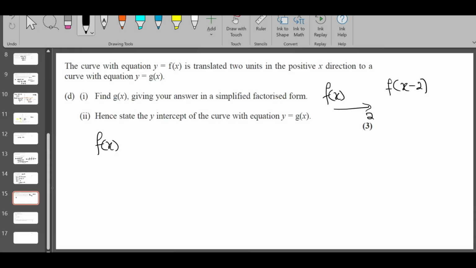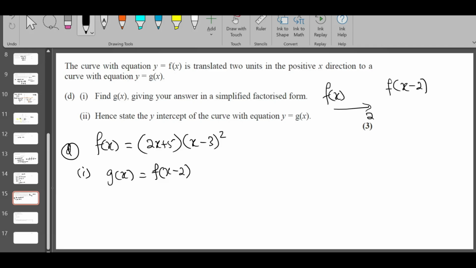We know f of x is 2x plus 5 times x minus 3 whole square. g of x is f of x minus 2. You need to replace x by x minus 2. So 2 times x minus 2 plus 5, times x minus 2 minus 3 whole square.